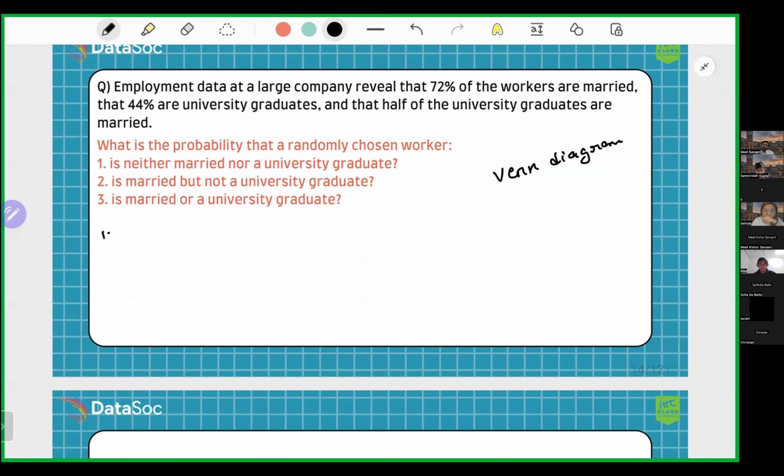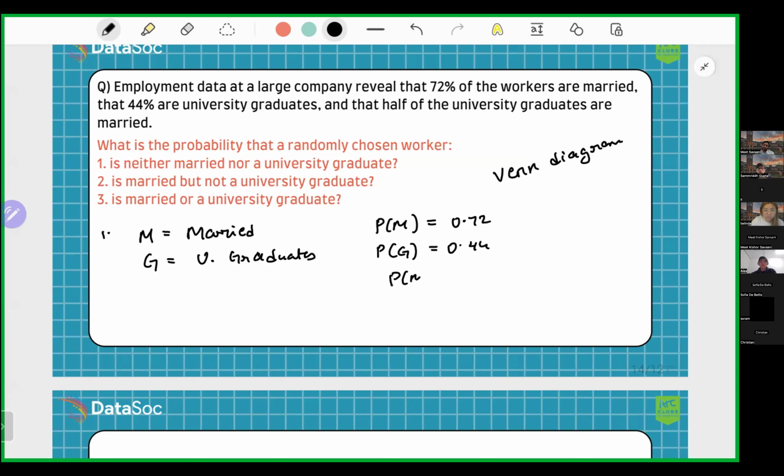Employment data at a large company revealed that 72% are married, 44% are university graduates, and half of the university graduates are married. So let's say probability of M is 0.72, probability of G is 0.44, and probability of M given G is 0.50.